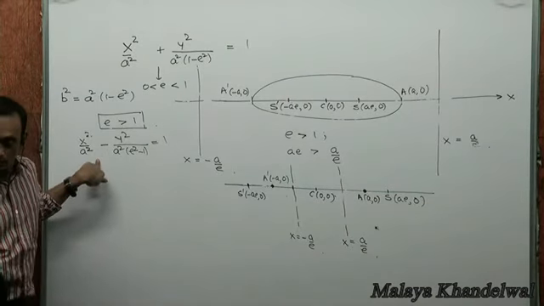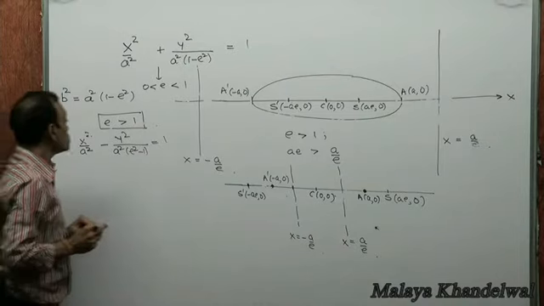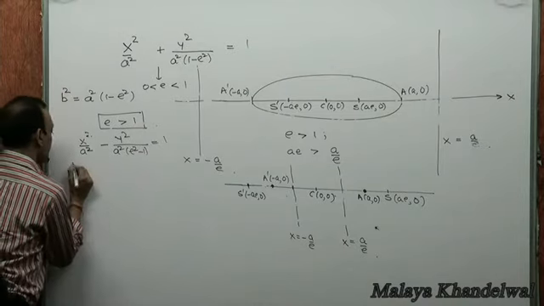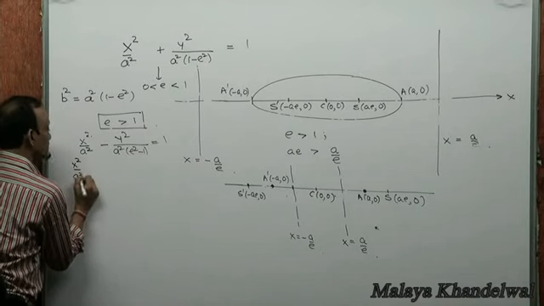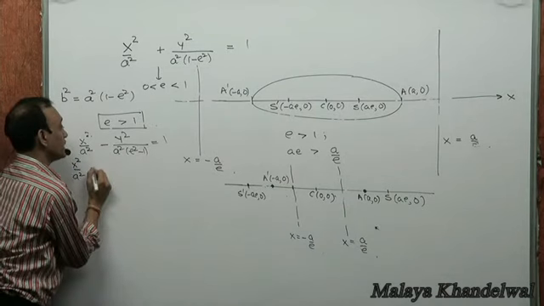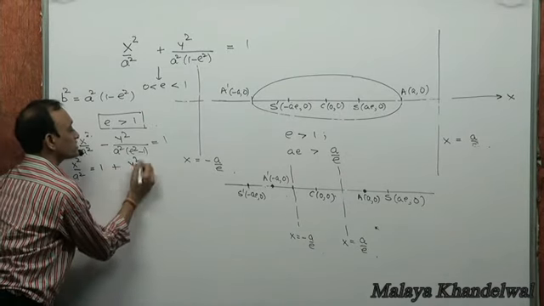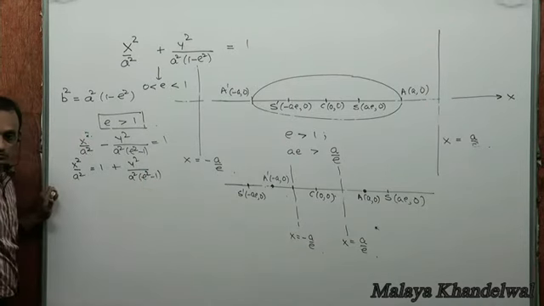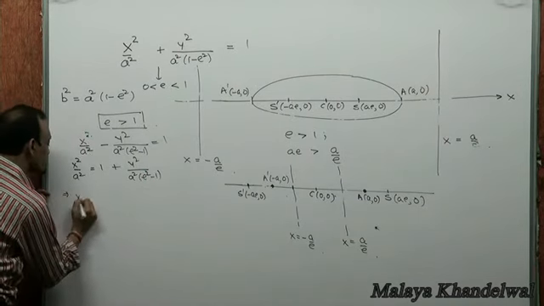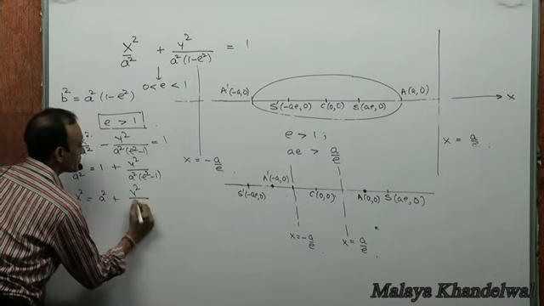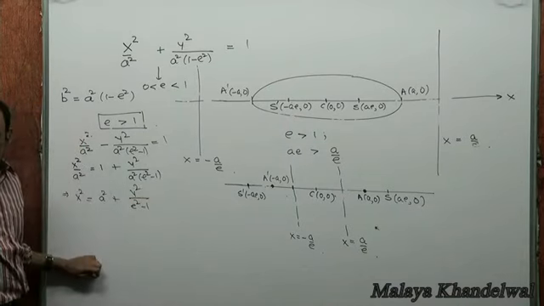Right? Also notice that I could write this as x squared by A squared equal to 1 plus y squared by A squared into E squared minus 1. Now E is greater than 1, so this is a positive number. Yes or no? Or x squared is A squared plus y squared by E squared minus 1.